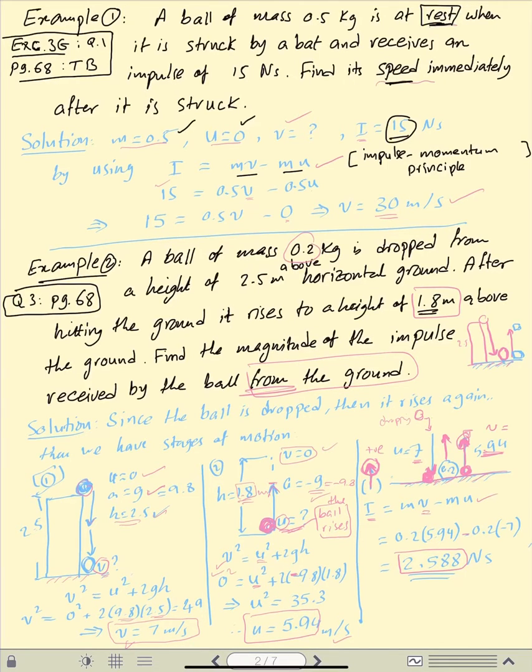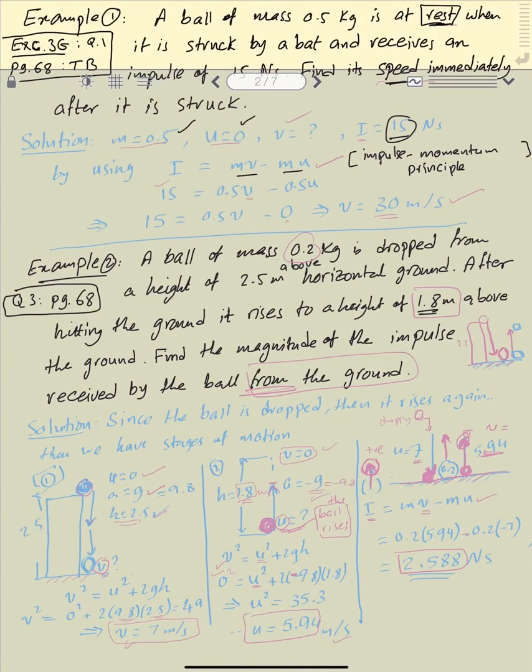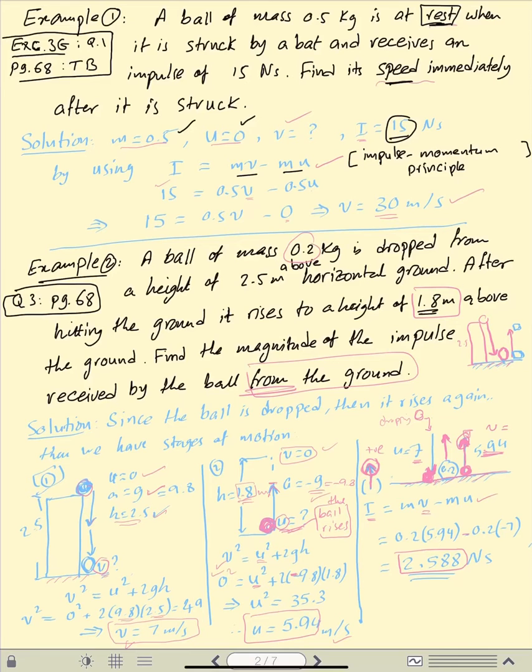So by using the impulse momentum principle, I is equal to mv minus mu, I have to pay attention to the direction here. The direction of the impulse is this direction. So V, which is in the direction of the motion, is the positive one, because the direction of the impulse from the ground on the ball is up. And this direction is up.